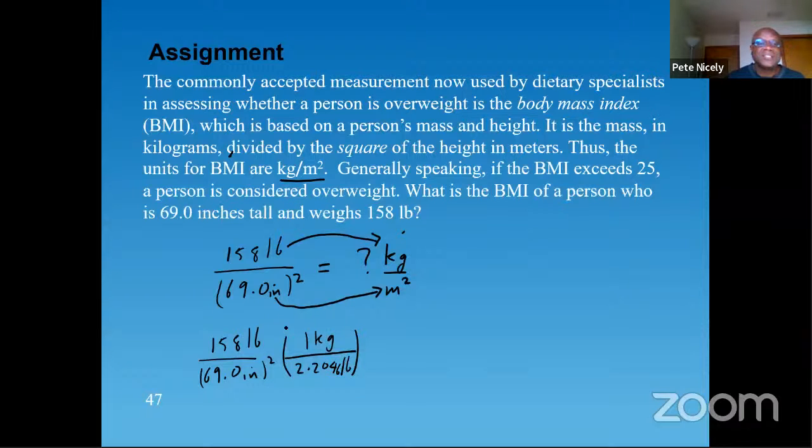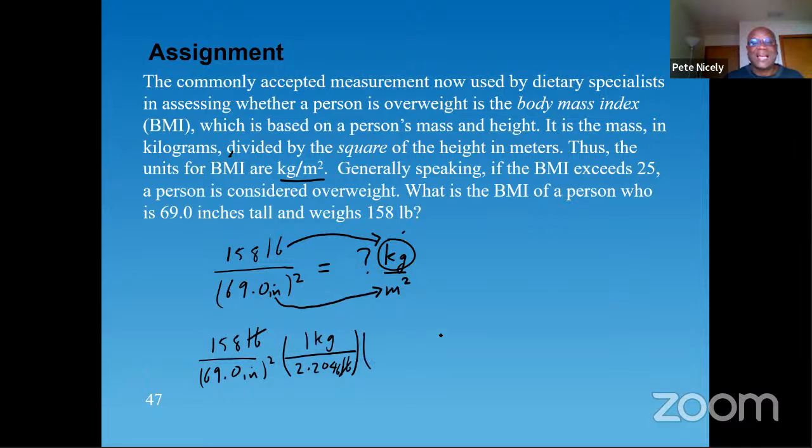The result is that this pound unit will cancel out with this pound unit. So what we have done so far is successfully convert from pounds to kilograms. The next step is to convert from inches squared to meters squared.